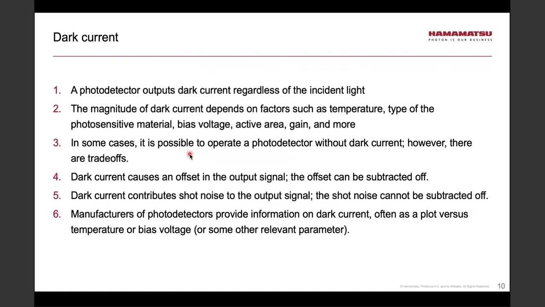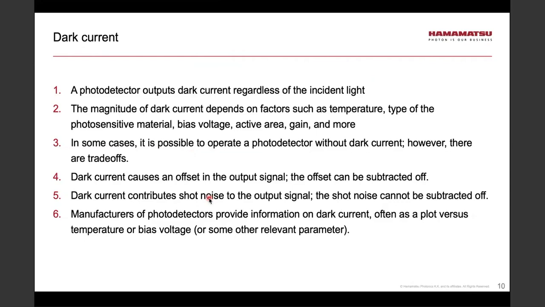We are going to learn in this presentation that that offset can be taken out, i.e. we can subtract it. However, what we cannot subtract is the noise that dark current is going to contribute to the measurement. It is because of that noise that it is certainly favorable to have as small a dark current as possible. And that noise that dark current contributes is known as dark current shot noise.